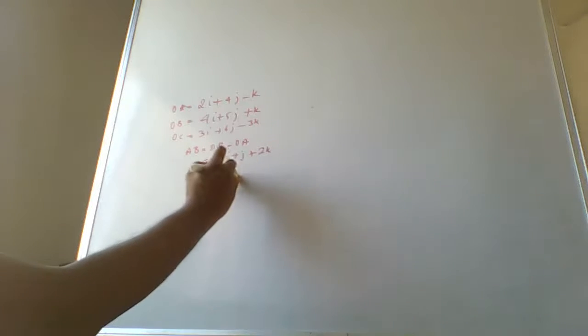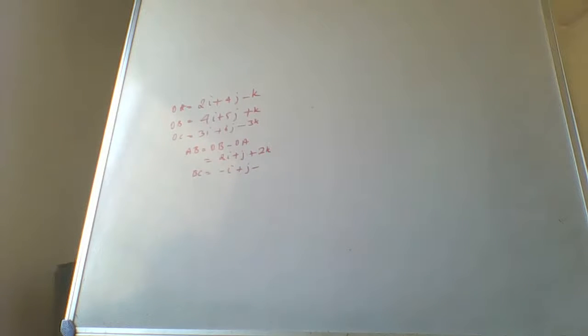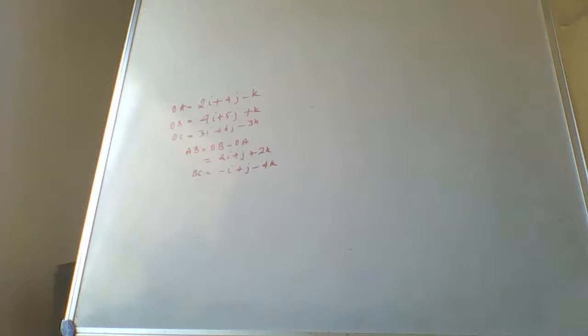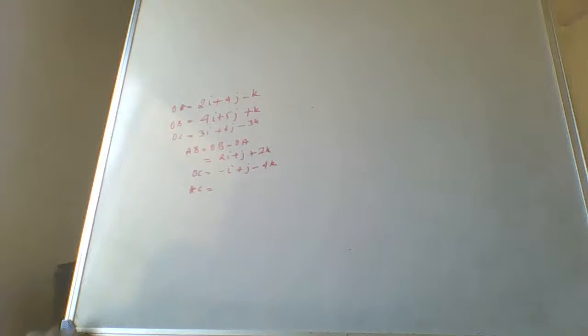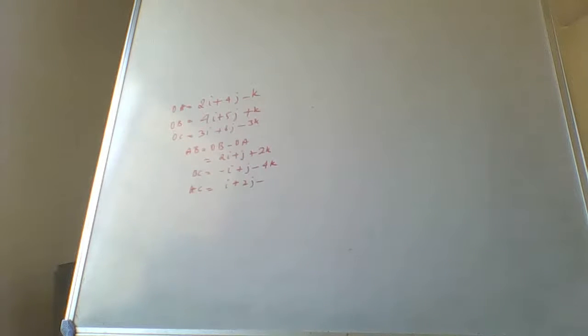I get minus i, j, and minus 4k, if I simplify it. And you have to find AB and BC, so we have to find AC also. AC would be i plus 2j minus 2k.